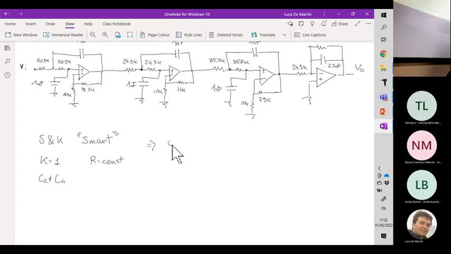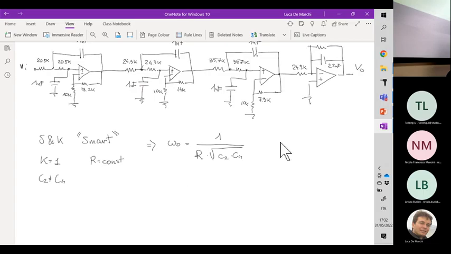Yesterday we found that when implementing the SMART strategy, this relation is valid for the assessment of omega null. That is, omega null is 1 over R times the square root of C2 times C4.